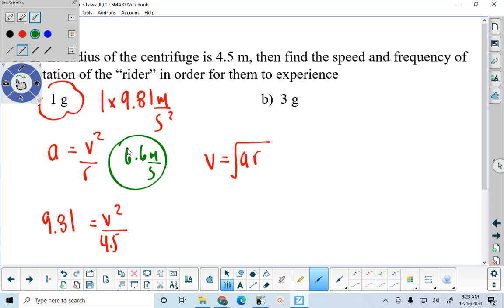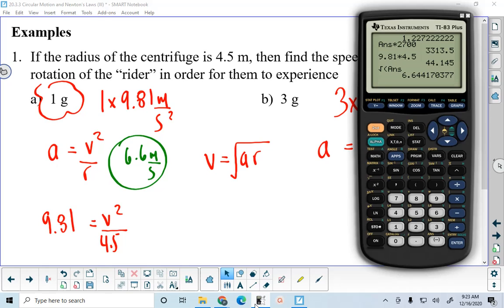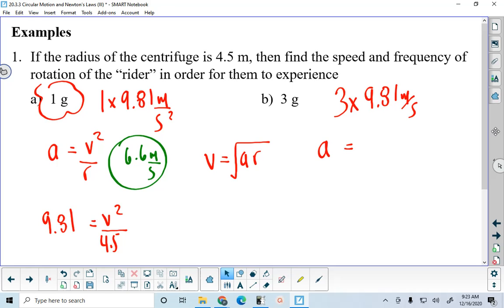If the person is experiencing 3 g's, what 3 g's means is 3 multiplied by 9.81 meters per second squared. So the centripetal acceleration is 29.43 meters per second squared.